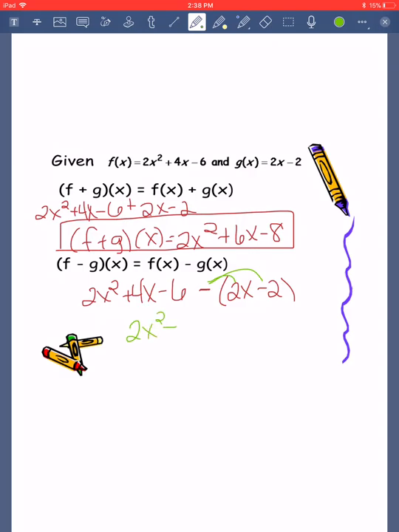So now I have 2x squared plus 4x minus 6 minus 2x plus 2. And now we can combine like terms. So we get that f minus g of x equals 2x squared plus 2x, then minus 4.